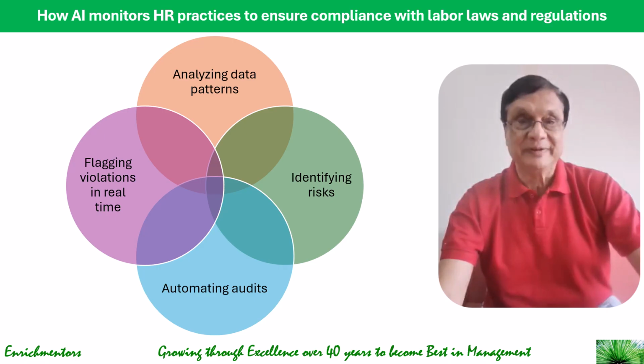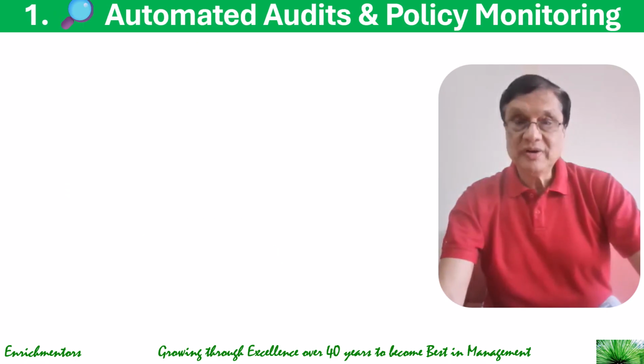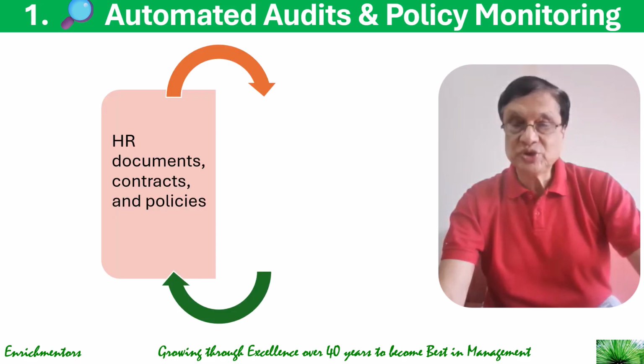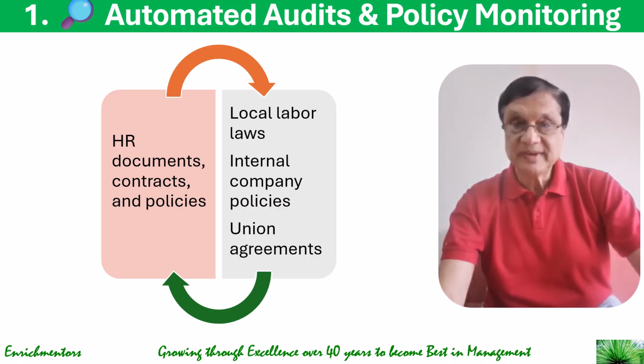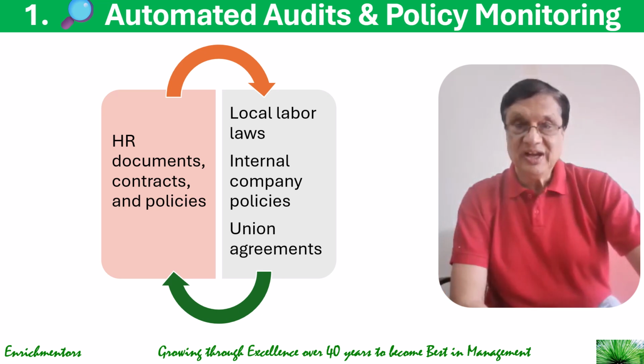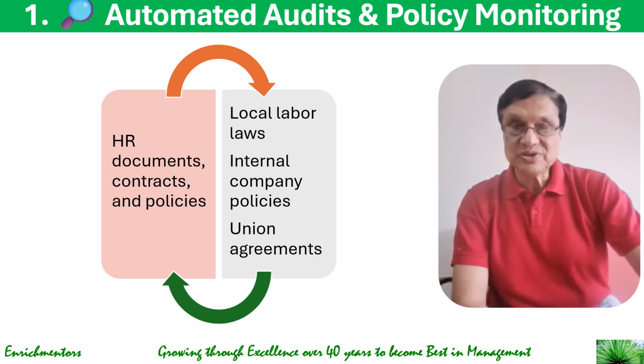How does this happen? So, AI scans the HR documents, contracts, and policies to ensure that they align with things like local labor laws, FLSA, FMLA, GDPR, EEO, OSHA, internal company policies also, and union agreements as and when applicable.